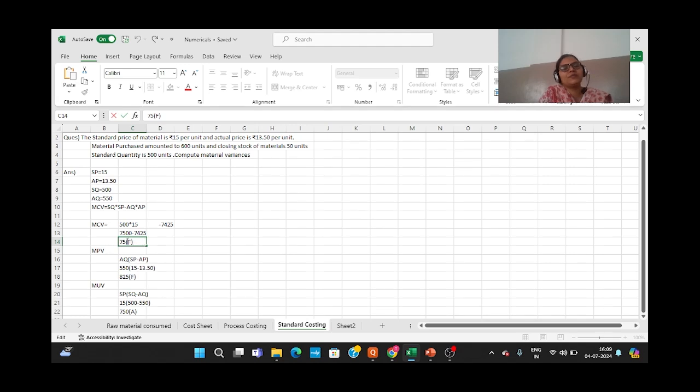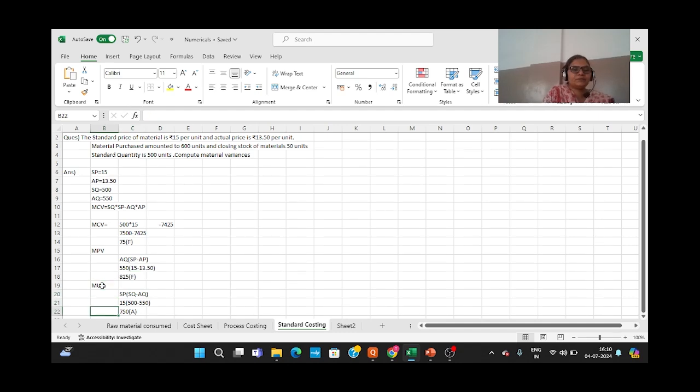So we write in the bracket 75 is a favorable variance. Next is material price variance. The formula is actual quantity into standard price minus actual price. Standard price is given as 15, actual price is given as 13.50, actual quantity is 550. So we will input all these values in the formula and we will get 825 as a favorable, positive value.